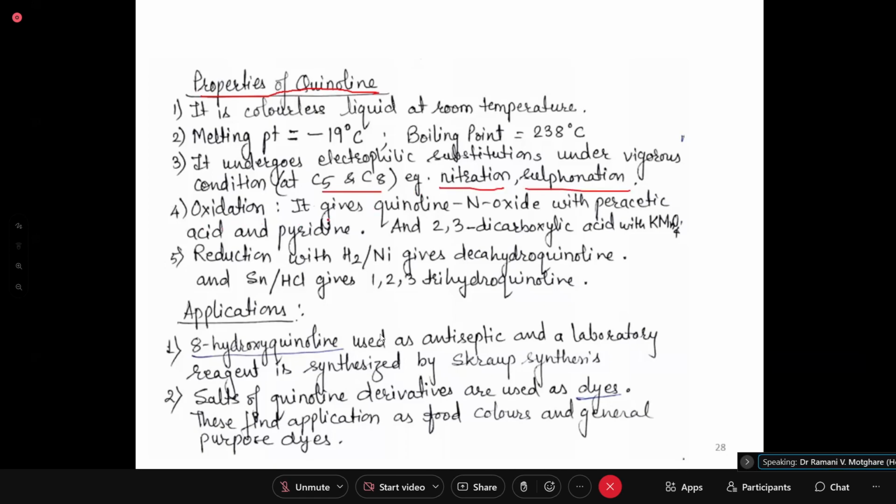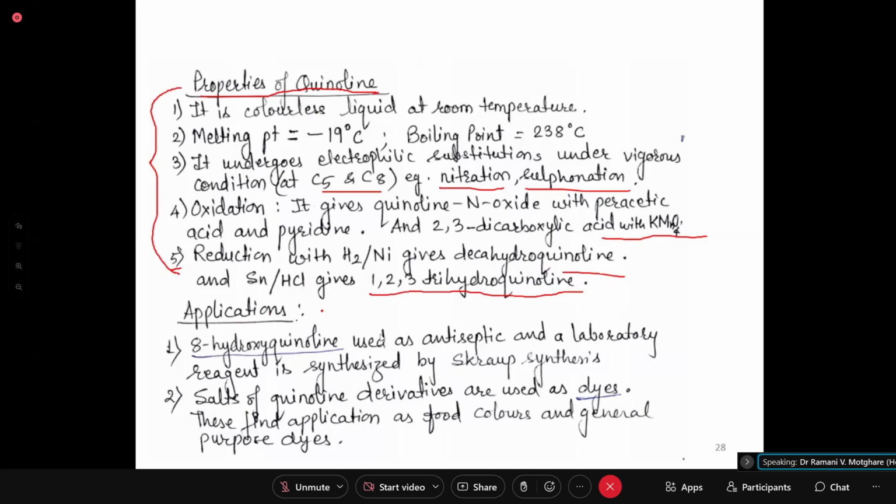Then oxidation: it gives quinoline N-oxide with peracetic acid and pyridine-2,3-dicarboxylic acid with KMnO4. Then regarding reduction, the reduction with H2 and nickel gives decahydroquinoline and with tin and HCl it gives 1,2,3,4-tetrahydroquinoline. Okay, so these are the properties, physical as well as chemical properties.